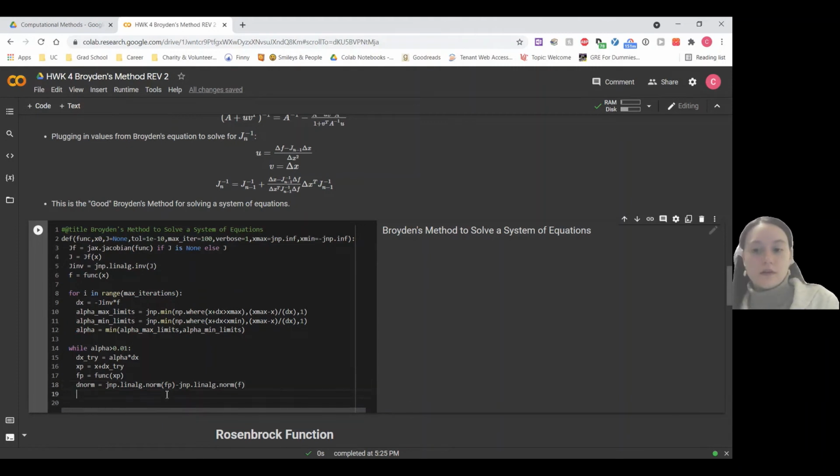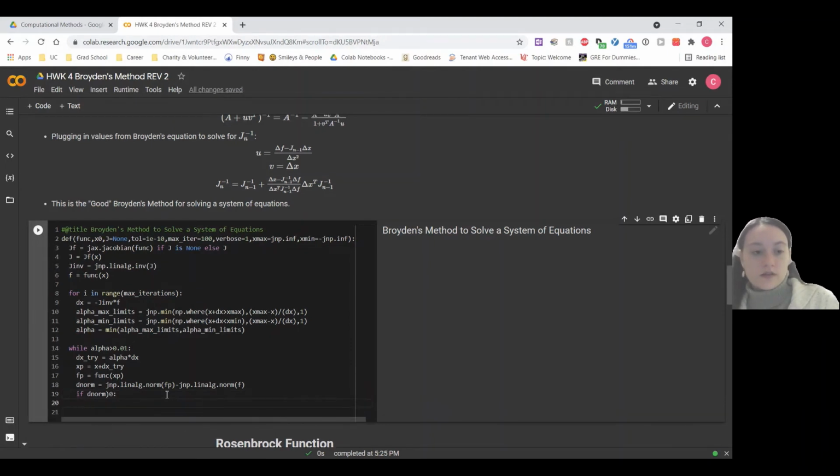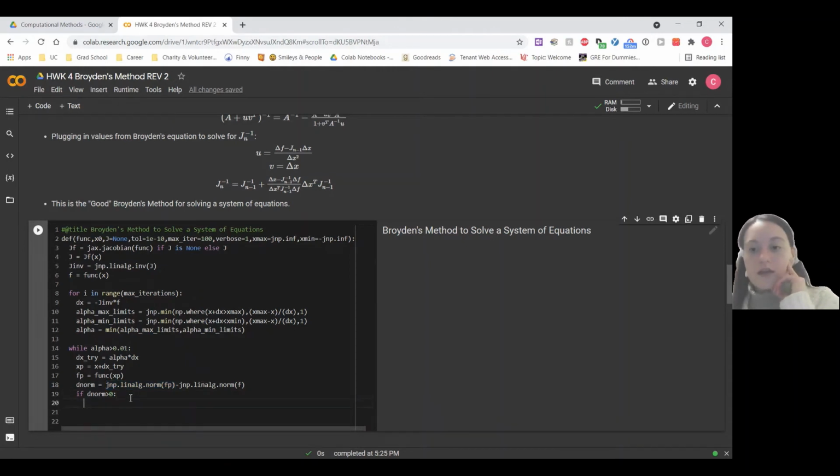So if this is positive, if d norm is greater than 0, then that would mean that the magnitude of this vector is bigger than our previous one, which means that we're getting further away from the value that we wanted from the origin.